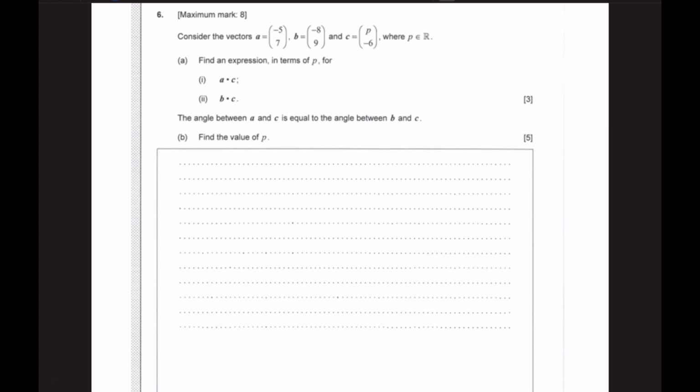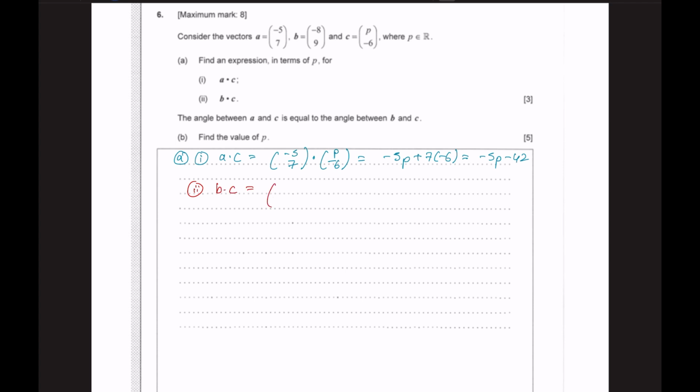You have three vectors. You have to find the expressions for A dot C, B dot C, and the angle. Okay, fine. Let's start with A1. A dot C would be (minus 5, 7) dot (P, minus 6), which is minus 5P plus 7 times minus 6, so minus 5P minus 42.